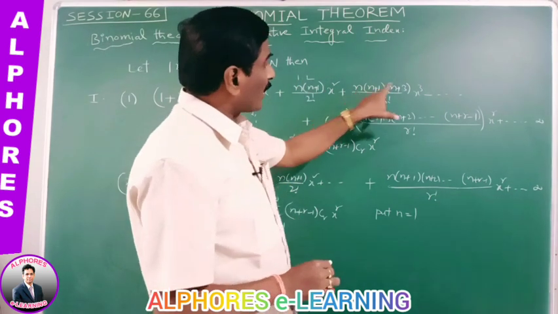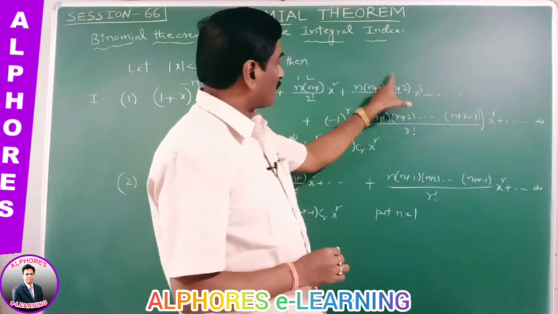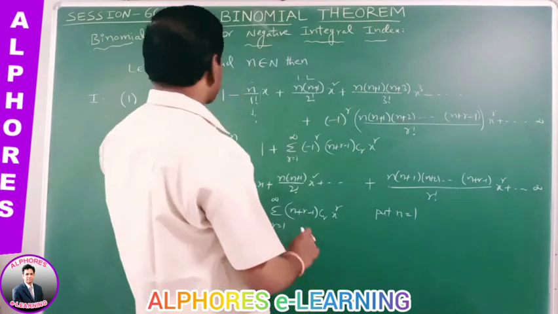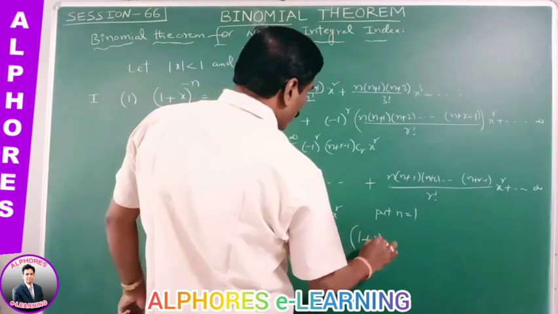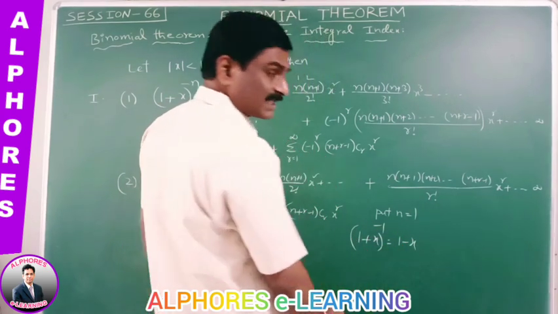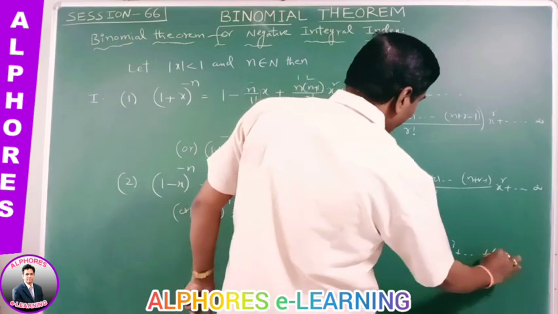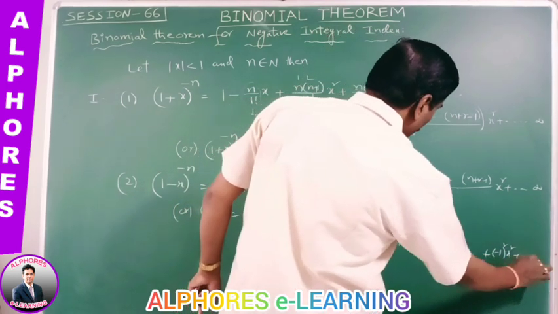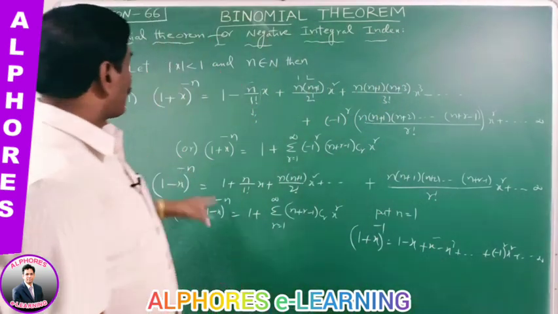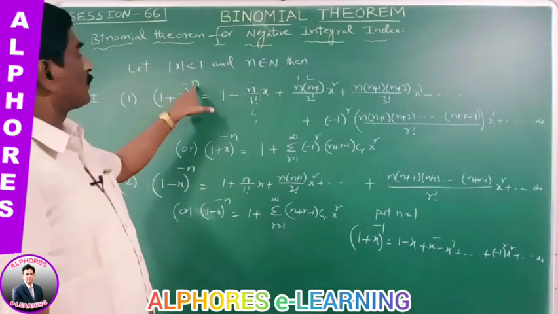Next, 1 into 2 into 3 by 3 factorial, means 1 into 2 into 3, all of these are cancelled. That means (1 plus x) whole power minus 1 is equal to 1 minus x plus x square minus x cube plus so on, minus 1 whole power r into x power r plus so on infinite.